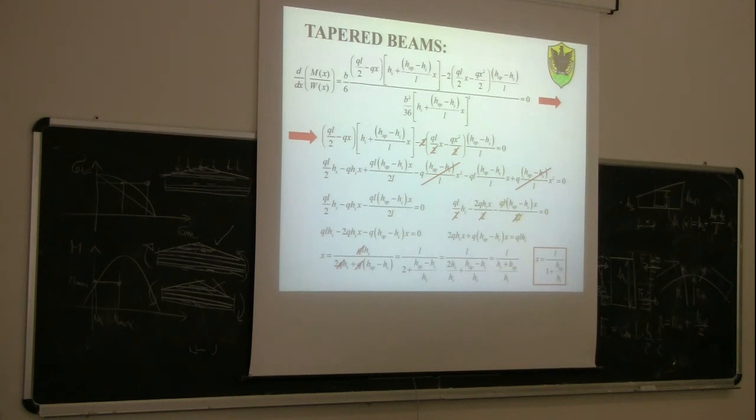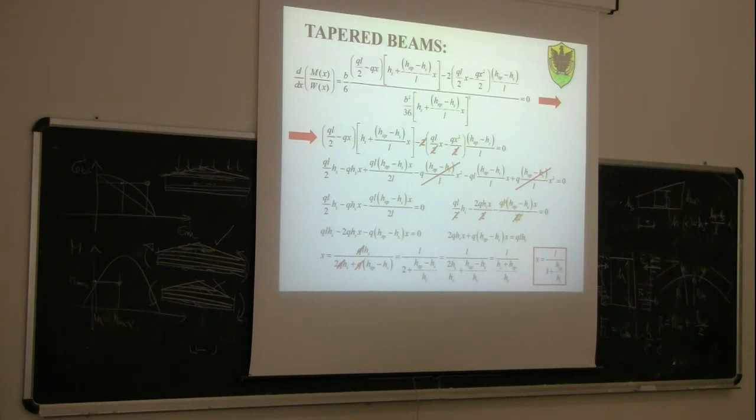In general, since HAP is greater than HS, this would be greater than 1, so this would be L over 2 point something. So this means that it will be closer to the left support. So it's closer to the support where you have the minimum depth. So it's not at mid span, but somewhere in this region here, okay, depending on this ratio.